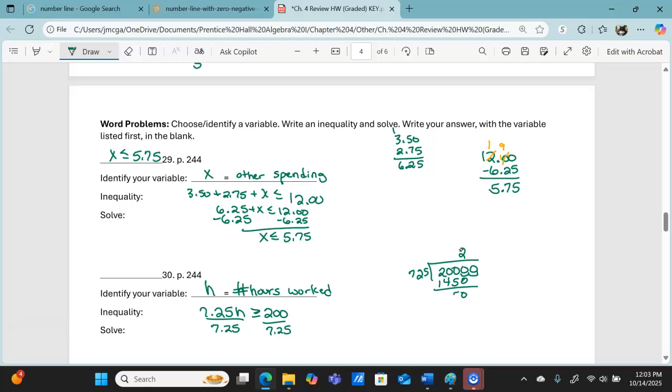We're going to get 550 and then bring down another 0. I think it'll go in 7 times. 7 times 5 is 35. Carry the 3. 7 times 2 is 14, and 3 is 17. Carry the 1. 7 times 7 is 49, plus 1 is 50.